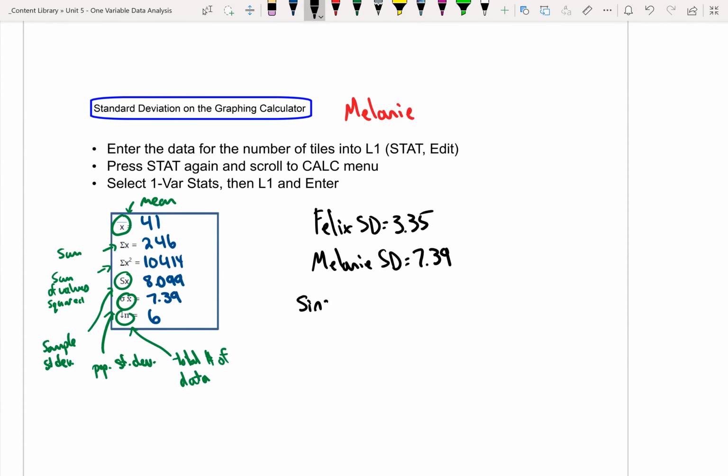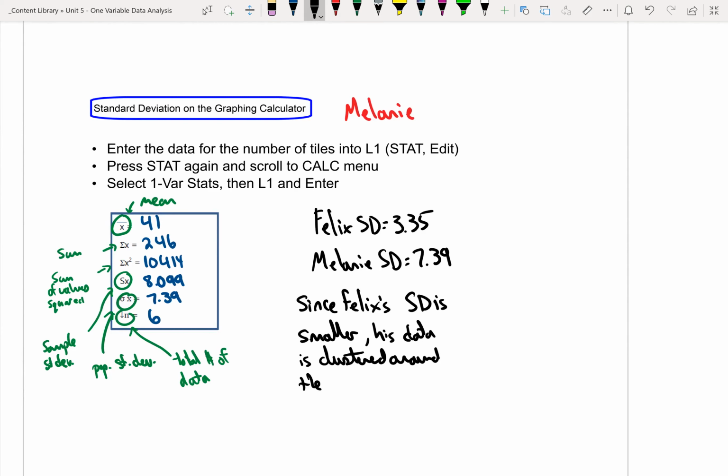So since Felix's standard deviation was smaller, his data is more clustered or more contained around the mean. So his data is clustered around the mean, which means that he's more consistent. So it's less spread out. Therefore, he's more consistent.